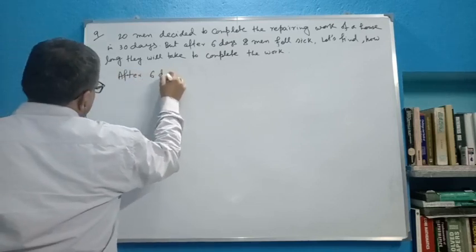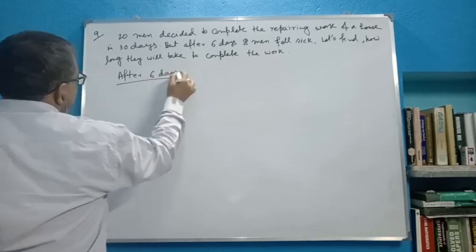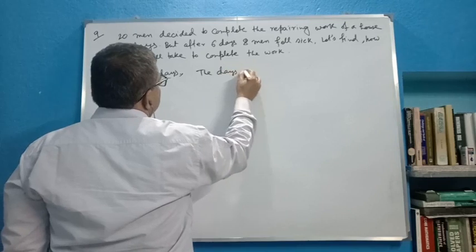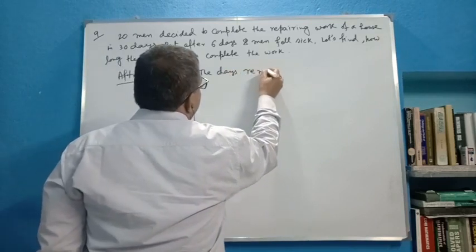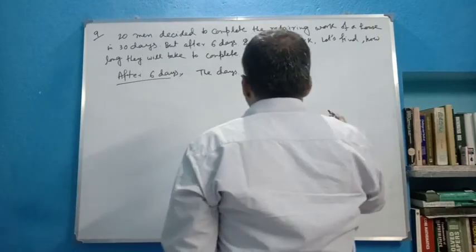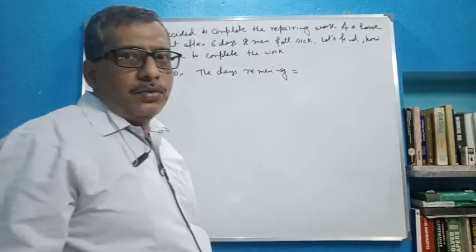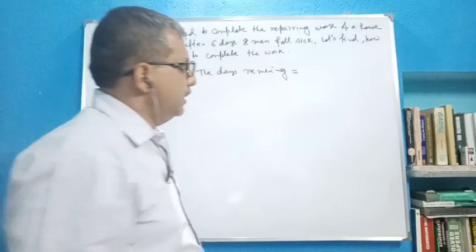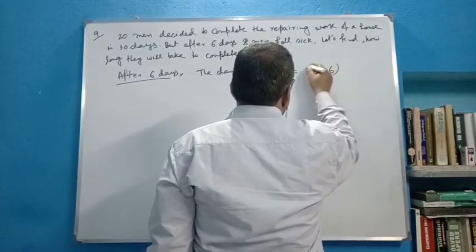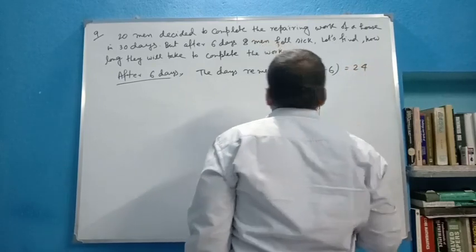After 6 days, the days remaining. How much? At first, they decided to complete the work within 30 days. So after 6 days, days remaining is 30 minus 6, that is 24.